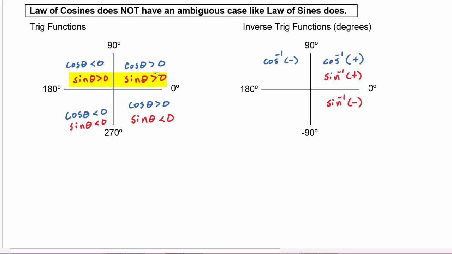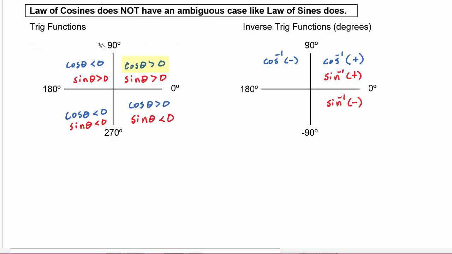Notice also when the sine is positive, then the angle could either be a quadrant 1 angle between 0 and 90, or the angle could be a quadrant 2 angle between 90 and 180, and that's the ambiguous case. We don't know whether that positive value for sine is leading us to an acute angle or an obtuse angle.